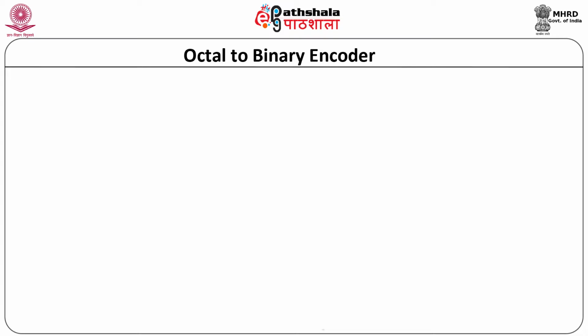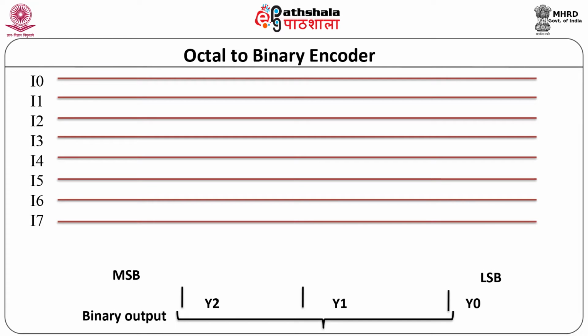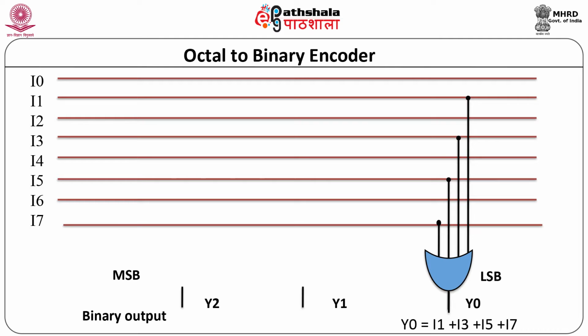An octal to binary encoder is also known as 8-line to 3-line encoder. It accepts 8 inputs and produces a 3-bit output corresponding to the activated octal input. Let us implement the Boolean expression for Y0. The OR gate is used to produce the sum of I1, I3, I5 and I7.